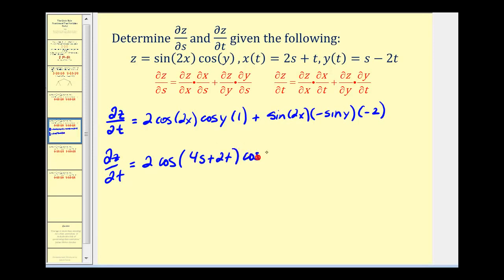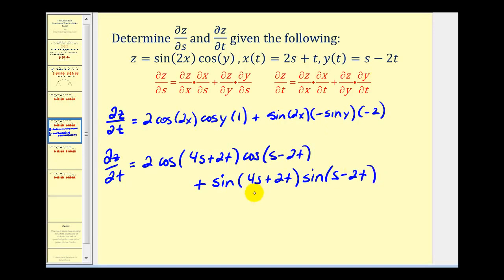And then cosine y is going to be the cosine of s minus 2t. Now here we have a product of two negatives, so we're going to have plus sine 2x, which is the sine of 4s plus 2t, and then sine y is going to be sine of s minus 2t. And that's going to do it for this problem.